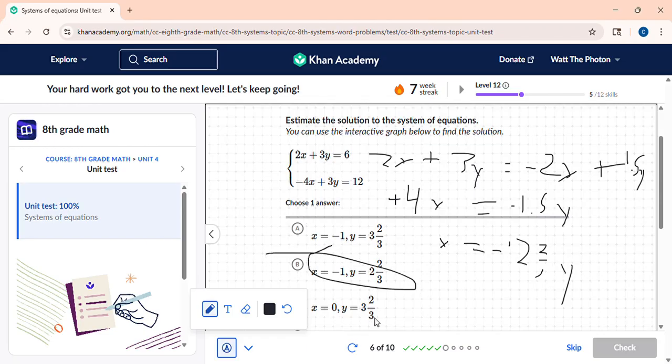We have the -1, which is promising. We have 4, which would be 4 plus times 3. I think I trust b.